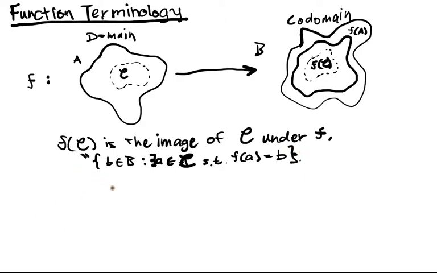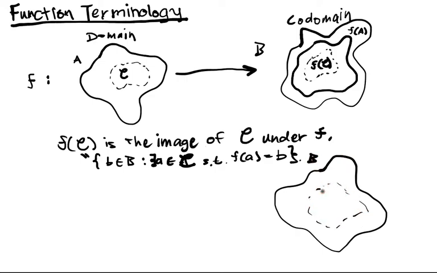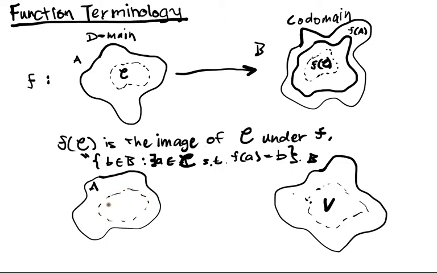I briefly spoke about this, but we can also talk about if I have a set in B, right? So suppose this is B, and I have a set V. Then I can define the pre-image of V. So suppose this was A. I'm going to call that set f inverse of V, or f to the negative 1 of V. Actually, I don't really want to associate inverse yet because the inverse may not even be a well-defined thing.